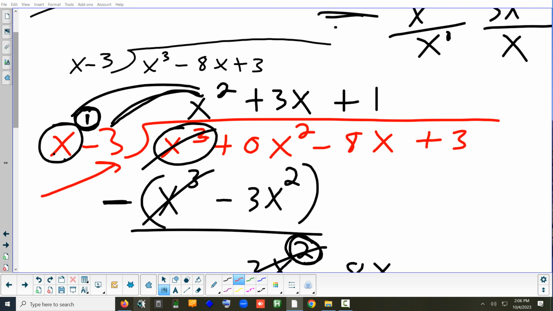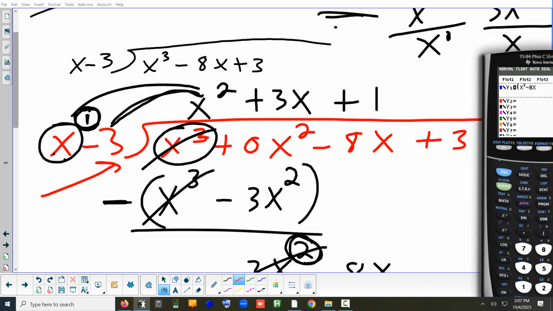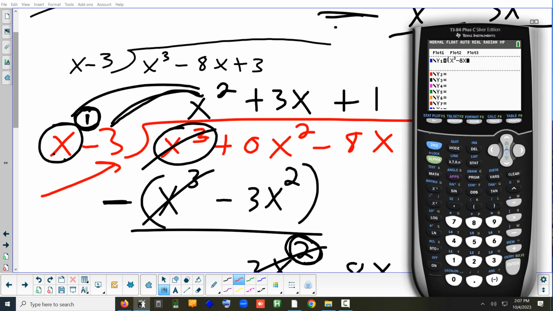Oh, I can just show you. So in parentheses, x cubed minus 8x, I don't need the 0x squared, plus 3, but the parentheses are very important. We need those. Divide by x minus 3. And now, that's the original problem.